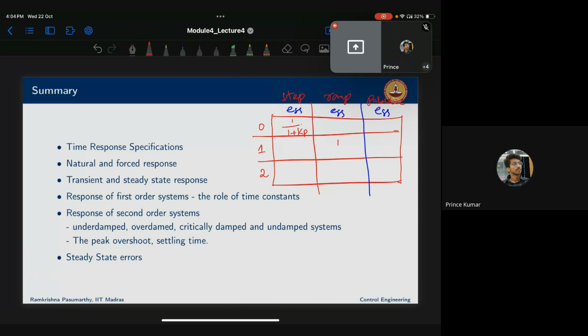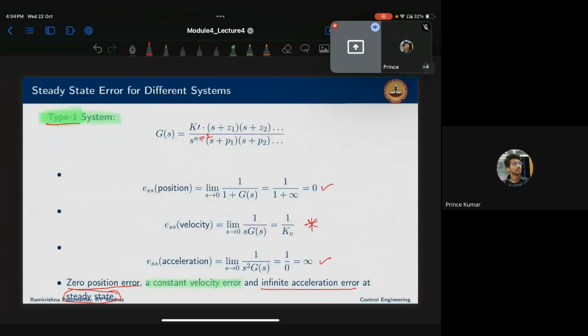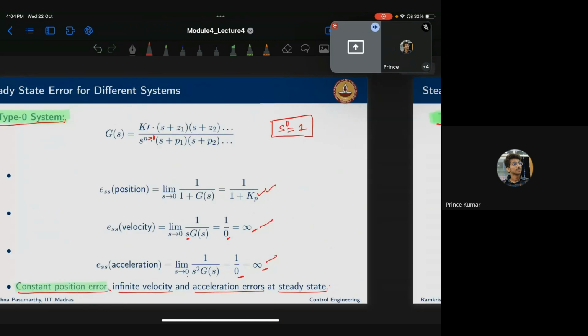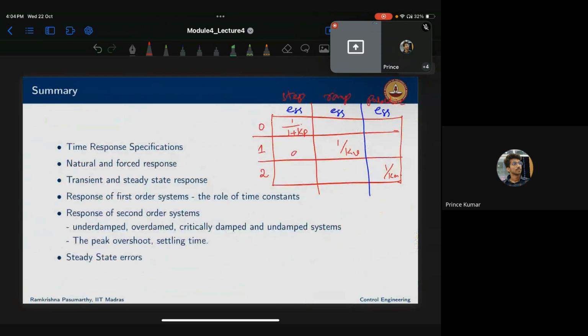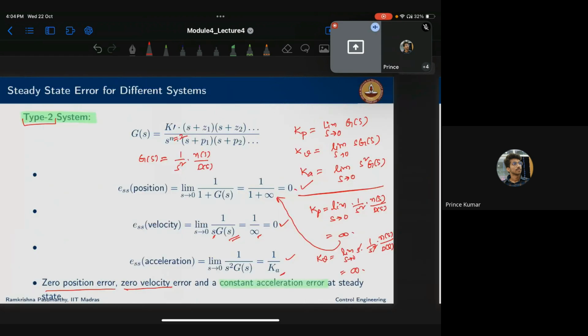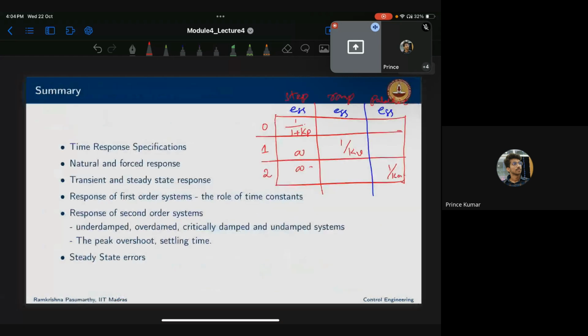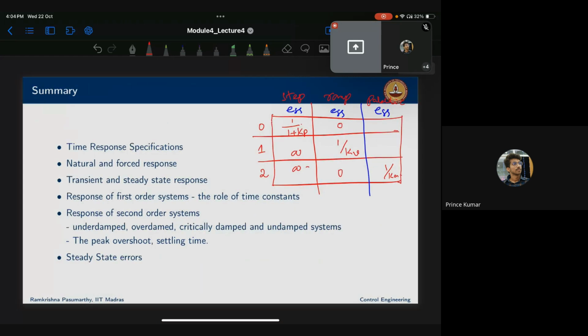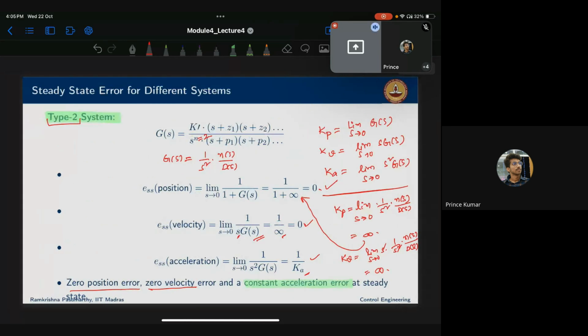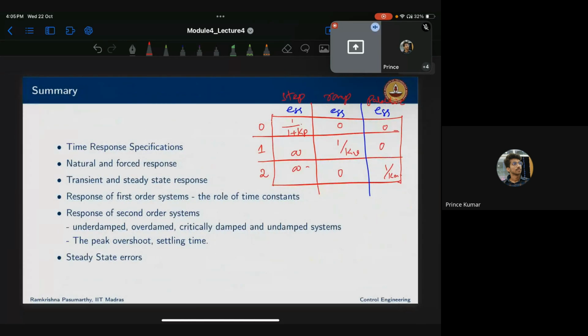Here you will have 1 by Kv, here you will have 1 by Ka. Clear? So here infinity and infinity, and the other case type 1 system 0, infinity, and here type 2 0, 0. Clear? So this is how you can easily remember for different cases.